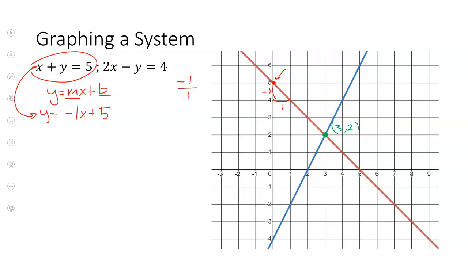Let's look at the blue line. Okay, again, y equals mx plus b. What's the slope for my blue line? 2 over 1. So pick a point, go up 2, right 1, the rise over the run, so my slope is 2.